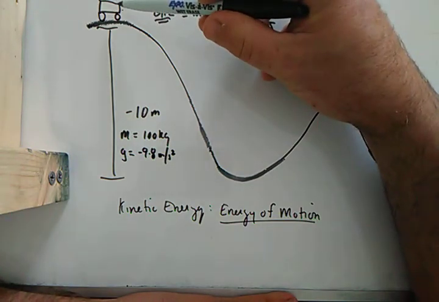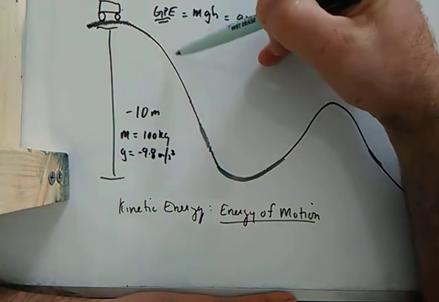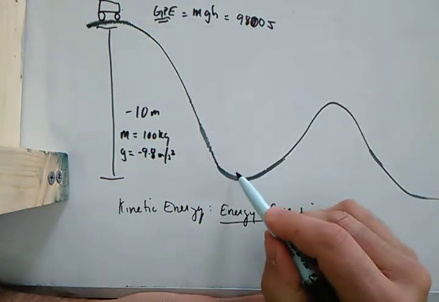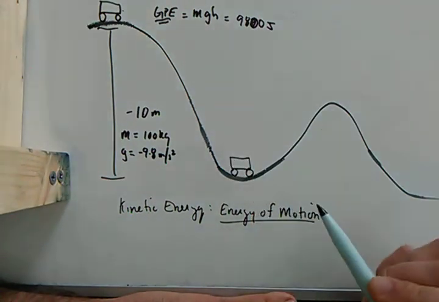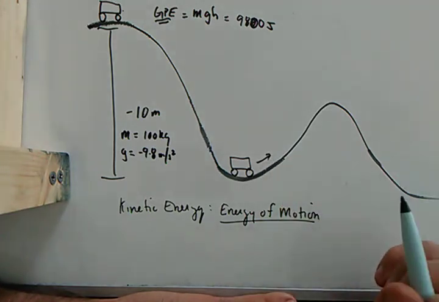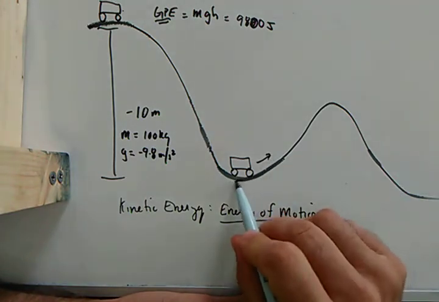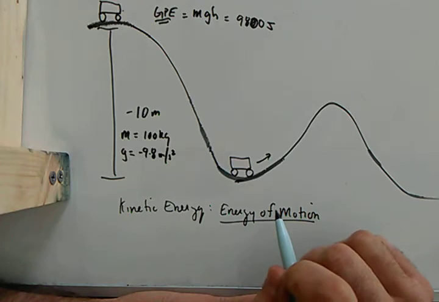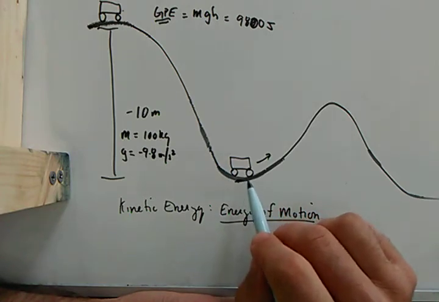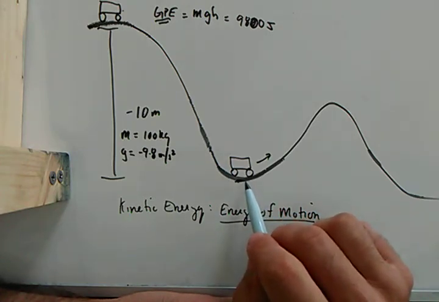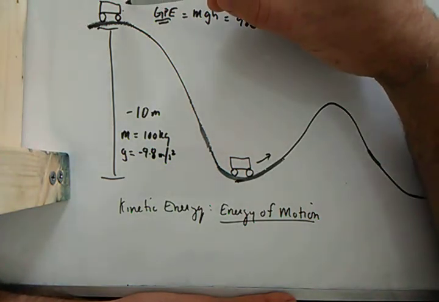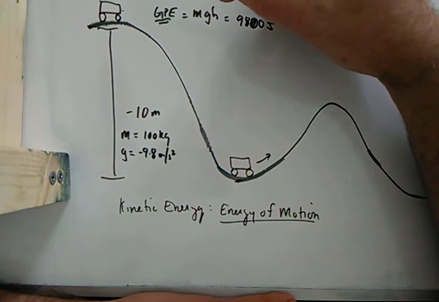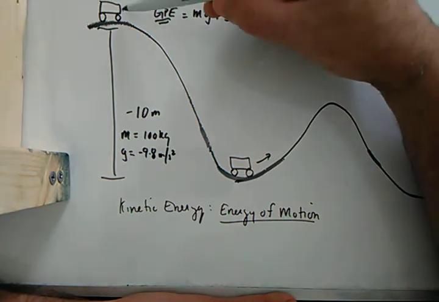If I let the cart go, it's going to go down the hill, and we know that it's going to be moving the fastest at the very bottom of this track. So look, I've got gravitational potential energy, which is stored energy here.